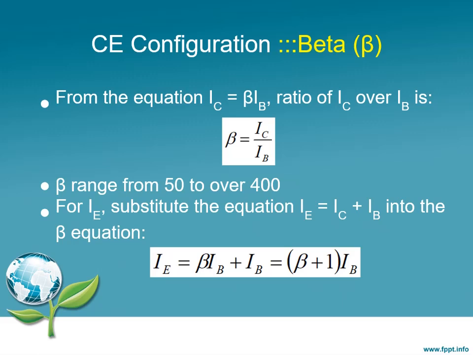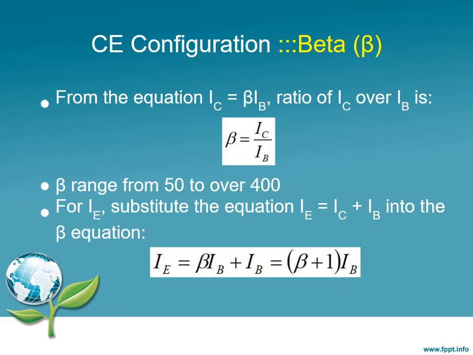From the output characteristic of the common emitter configuration, we get the equation IC equal to beta IB. From this equation, the ratio of IC over IB is beta equal to IC divided by IB. Beta is a constant value that ranges from 50 to over 400.